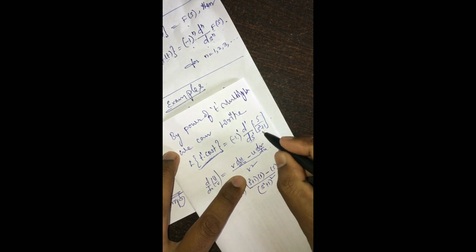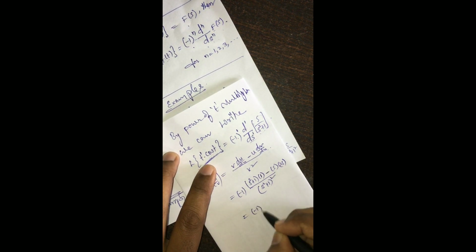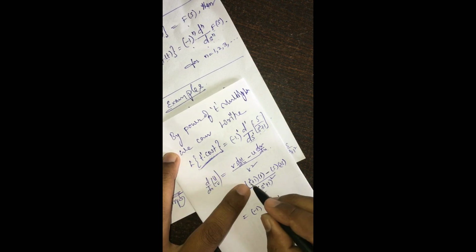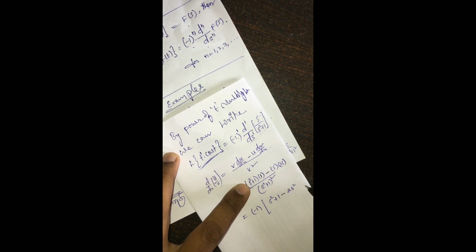Differentiating s square gives 2s, differentiating 1 gives 0. So minus 1 into, now we got the final one, s square plus 1 multiplied, minus 2s square, by s square plus 1 whole square.